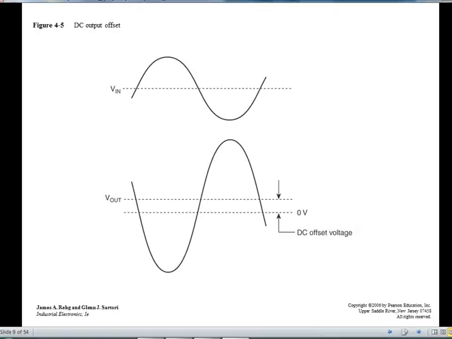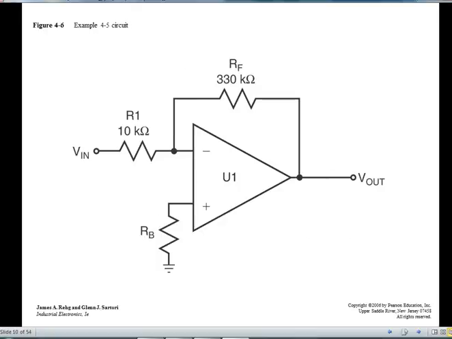I can add a DC offset to the signal, so I have the capability of throwing in some DC and raising or lowering the signal some. If I put a resistor on the plus side here, I'm basically saying my ground is no longer 0, so I put in a DC offset. That's what that is going to be doing for me.